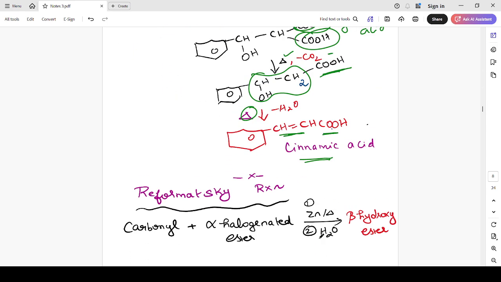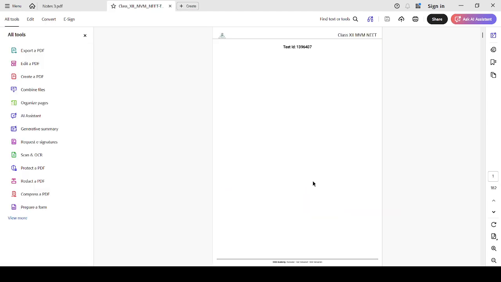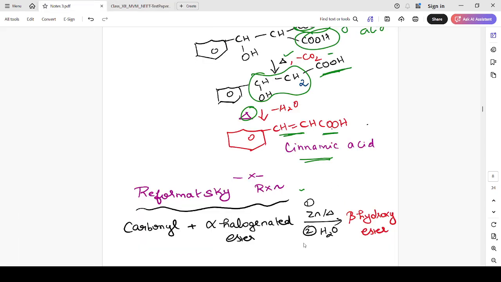The next reaction is called Reformatsky reaction, where from the carbonyl you can produce beta hydroxy ester.